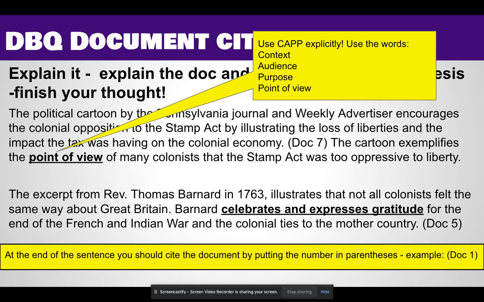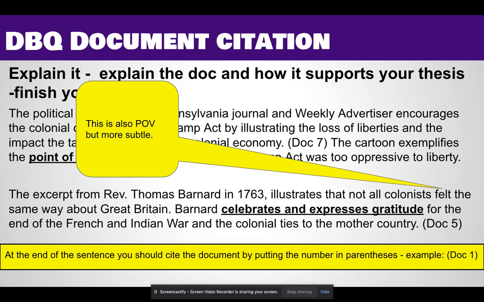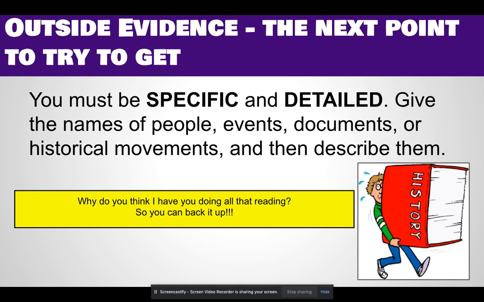But it's important that it's very clear to the reader that you're talking about one of those levels of analysis. All right, the other thing is make sure that if you are subtle, that it is still clear. So this is a more subtle example of point of view. When you're thinking about how someone felt and how they express their gratitude, that's showing their point of view.